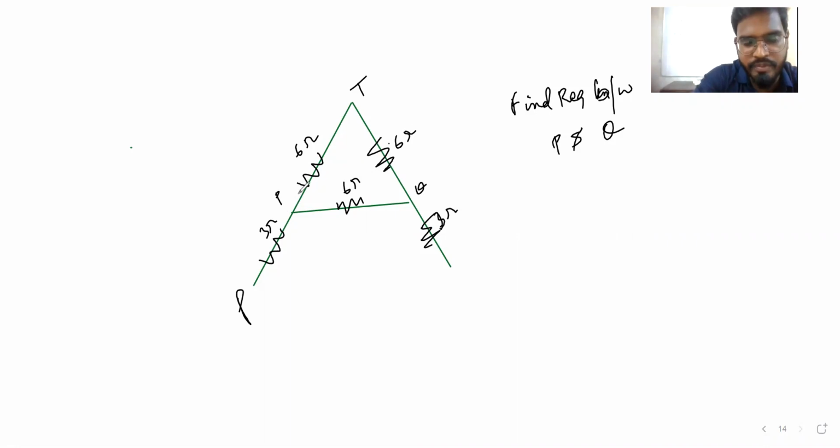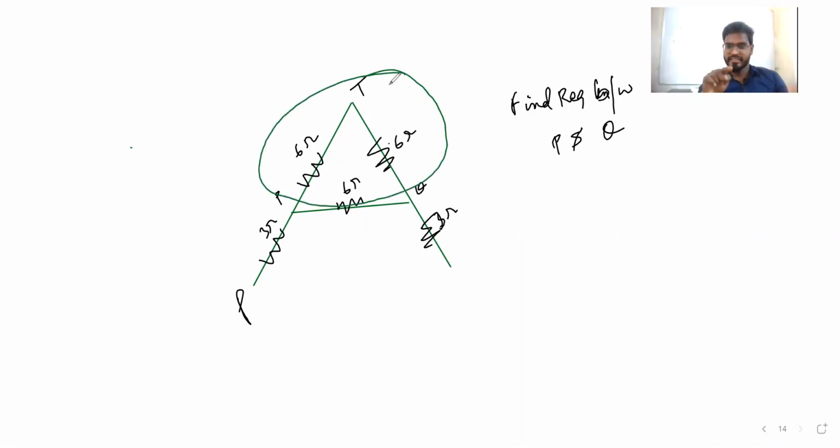Now see this thing. If you consider this, 6 and 6 are in series, right? So we can say the resistance of those is 6 plus 6, which is 12.